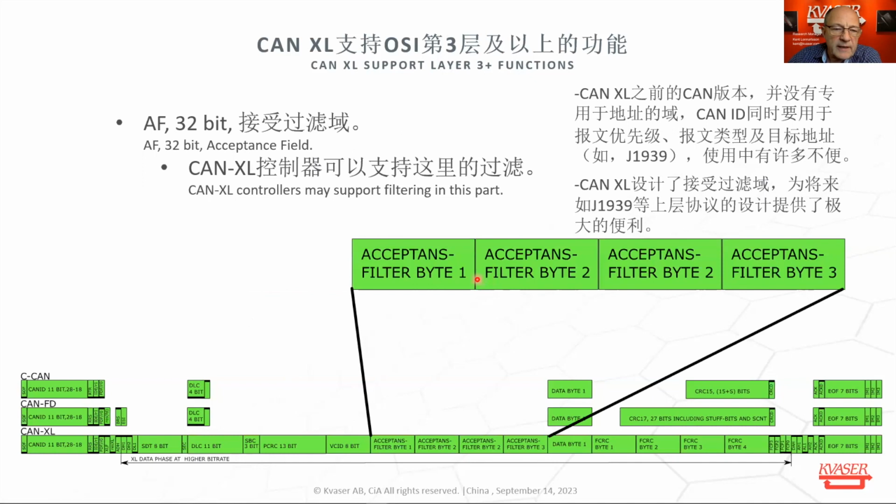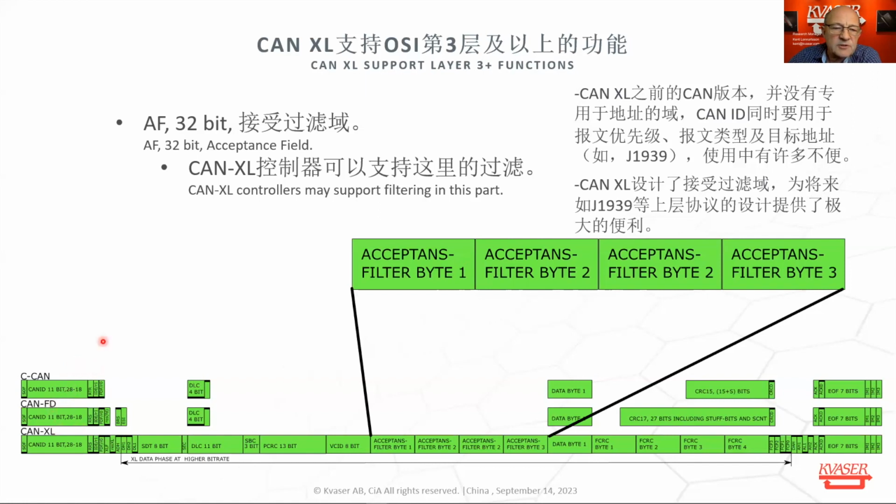The most important thing that will probably be implemented in all CAN XL controllers is this part. This is a filter byte. Previously, in classical CAN and CAN FD controllers, we typically had a filter that can be applied on the CAN ID, so that if you have a match, the CAN frame will be received, otherwise it will be ignored and generate no interrupt for the software.